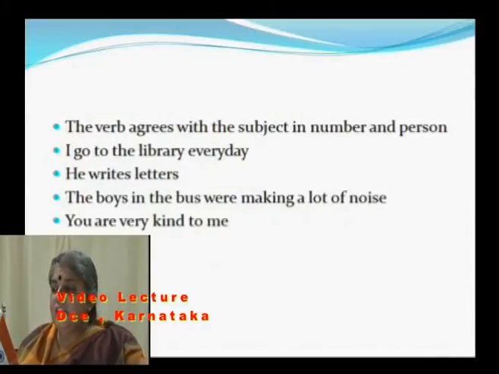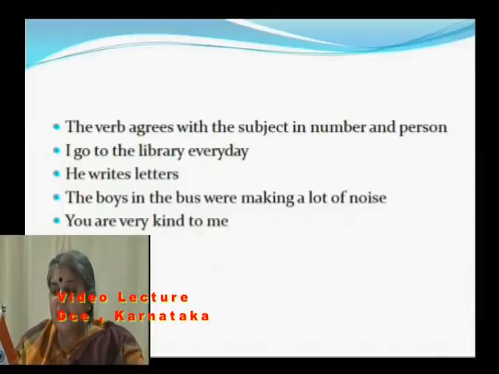Next, the verb should agree with the subject in number and person. Now, I go to the library regularly. Here I have started with the word go. I have used the first person I, so naturally it should agree. Here I have taken the simple present form. He writes. It should agree with the subject in number and person.